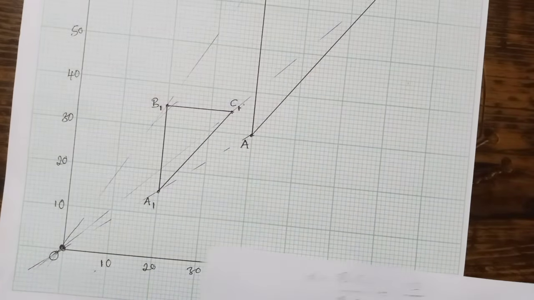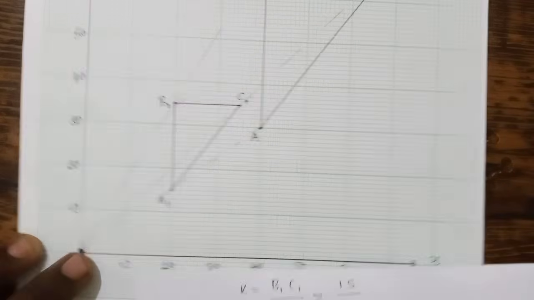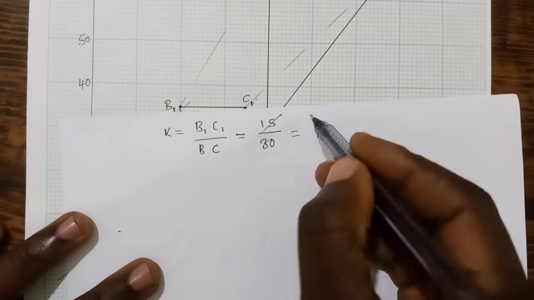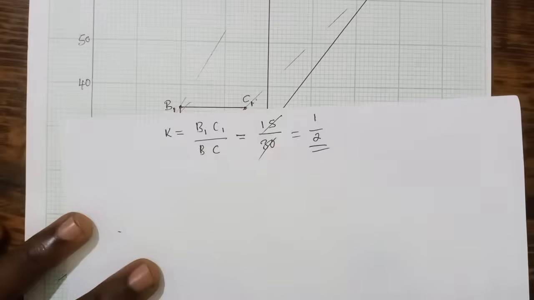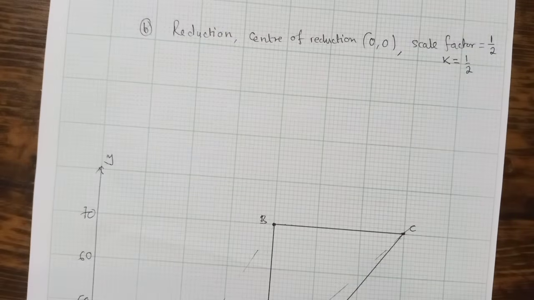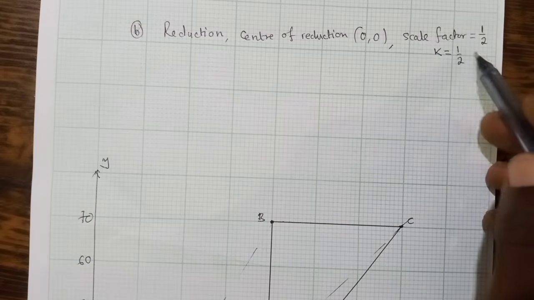It's 30, because this is 40 and this is 70. So you write 15 over 30, 15 into 30 is 2. This is how we found the scale factor to be 2. I mean, to be 1/2. The 1/2 which is right here.